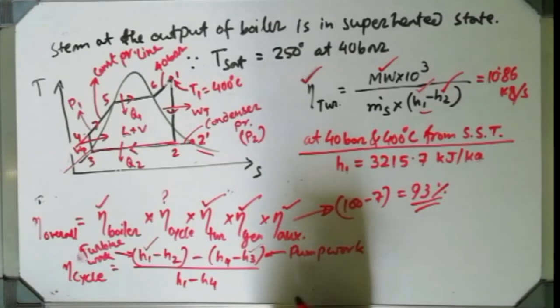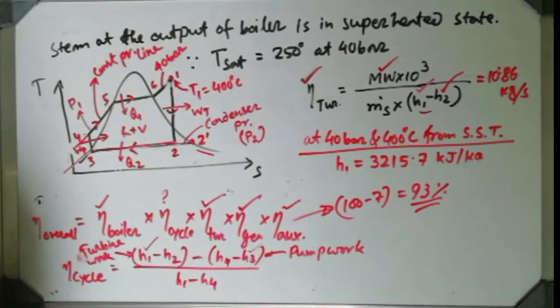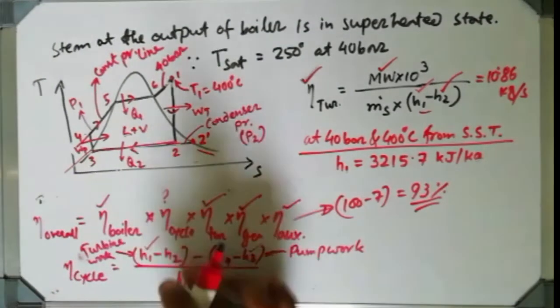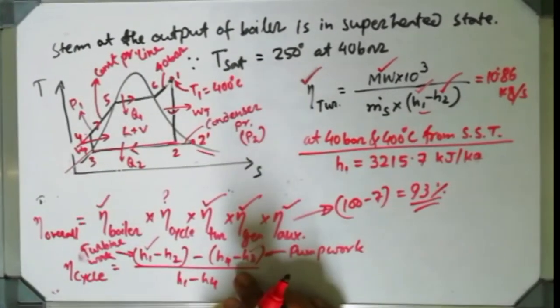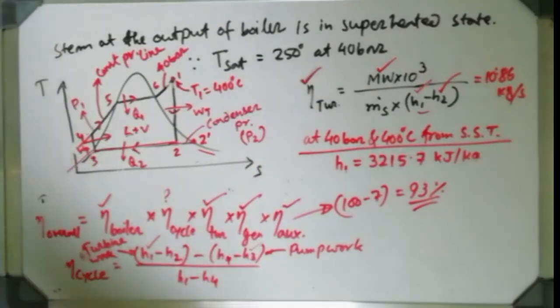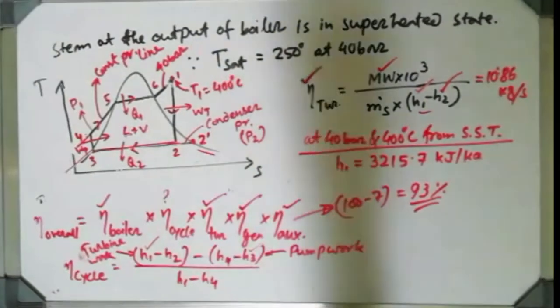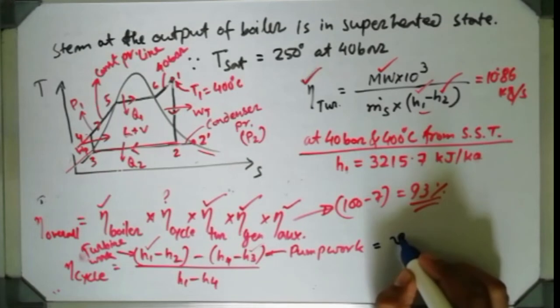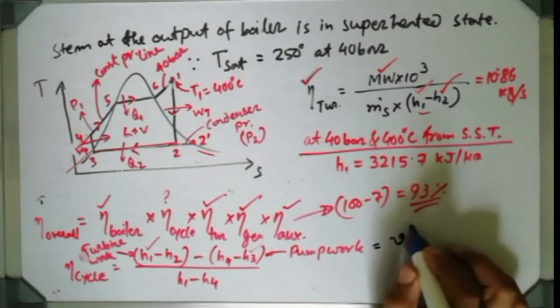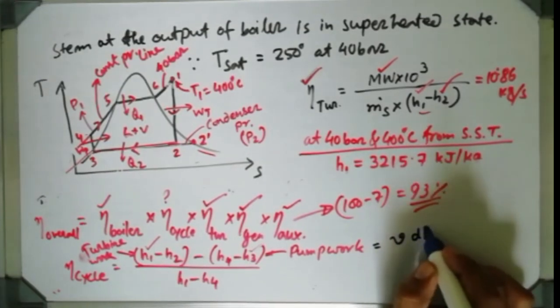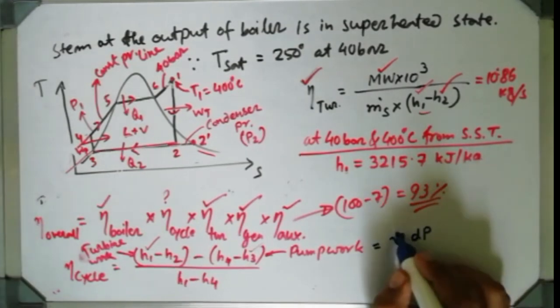It is not easy to find out. That's why, instead of finding the enthalpy, pump work can also be found by using a different relation. That relation is expressed by V into dP.